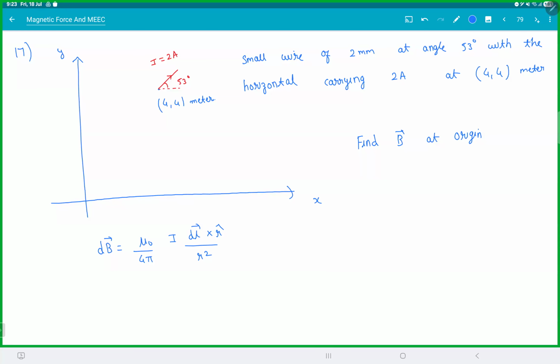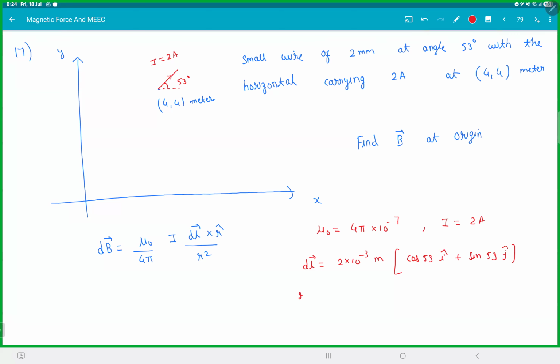So let's see the values. Mu naught is 4 pi into 10 power minus 7, that I know. Current is 2 amperes, given. What is dl bar? It is a 2 mm wire at 53 degrees, so dl bar is 2 into 10 power minus 3 meters. You need a vector form, so it is making 53 degrees: cos 53 i cap plus sin 53 j cap.